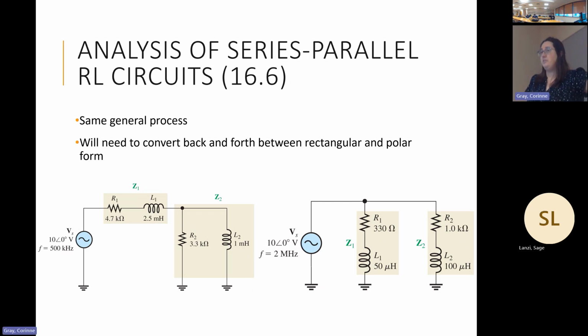So you do the two sets in series, then combine it into a parallel situation. You would probably solve it in rectangular and then deal with it in polar. Questions before we do an example?